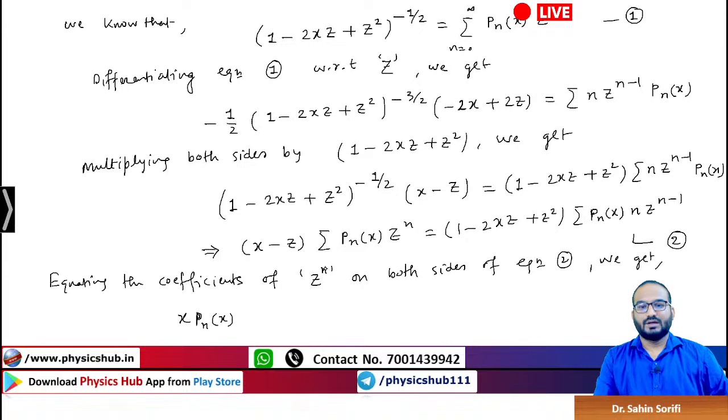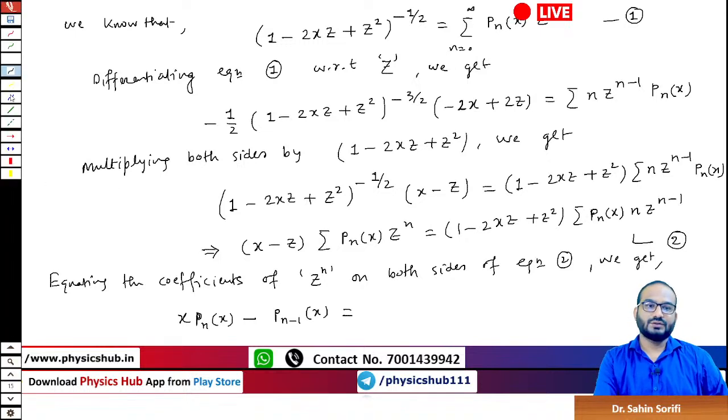Now you see z P_n(x) z^n, so what is the effective power of z? z to the power n plus 1. So if you choose n equals n minus 1, that will be P_{n-1}(x) z^n. On the right hand side, you see z^(n-1) is there.